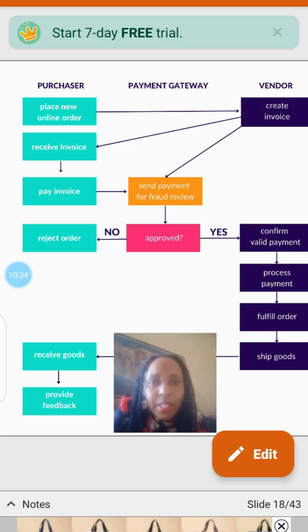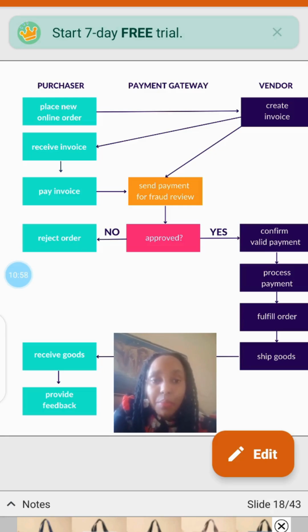Okay, so there is create invoice. So that's the vendor. Once you've created the invoice, you as a vendor, there's a payment gateway, then the purchaser places a new online order, then receives the invoice and then pays the invoice. Then send payment for fraud review and then you can reject the order.